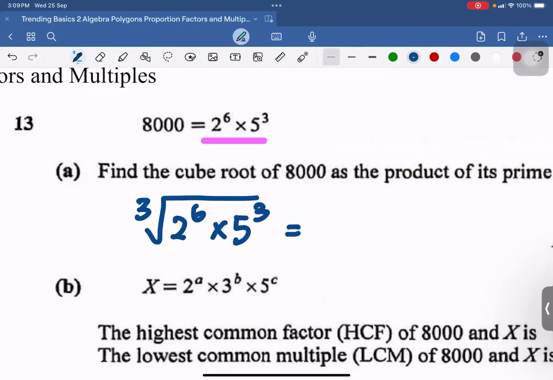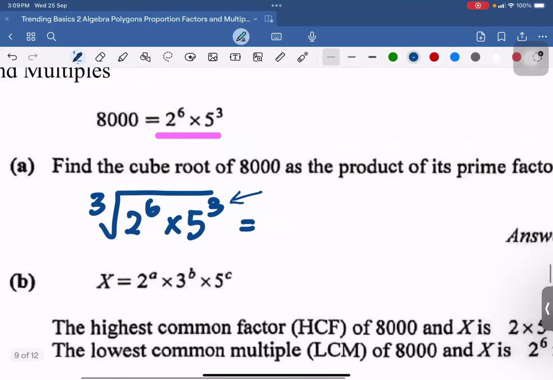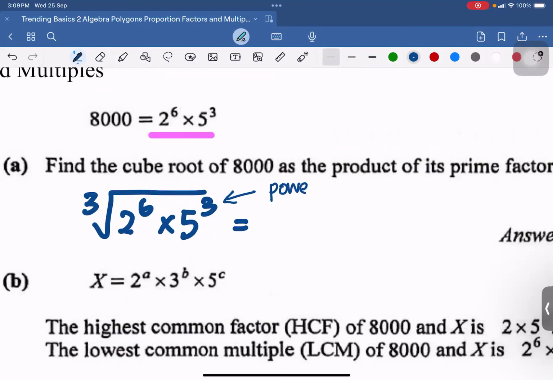What happens to the power when we take cube root? No, the power does not add. Only if the base is the same can you add. The power when we take cube root, the power is divided by 3.